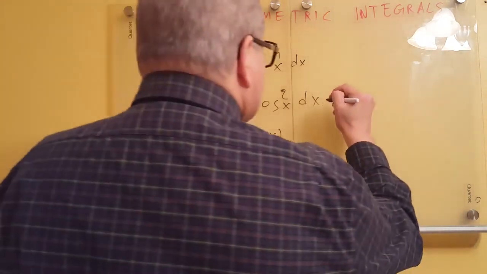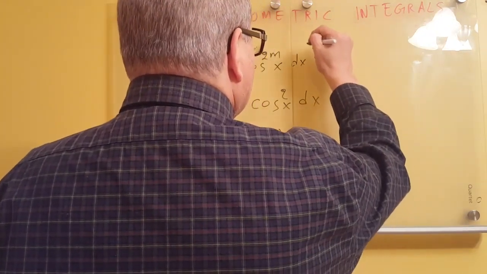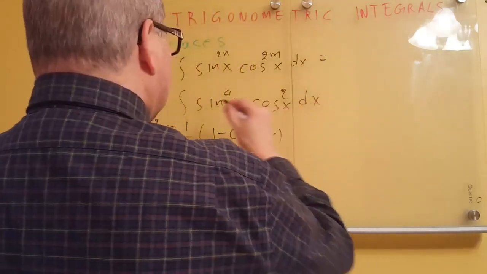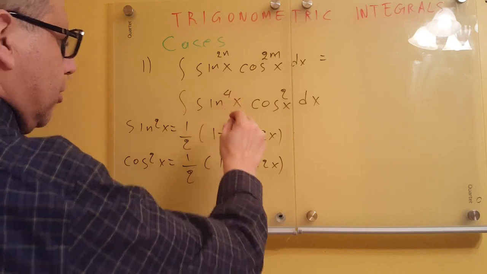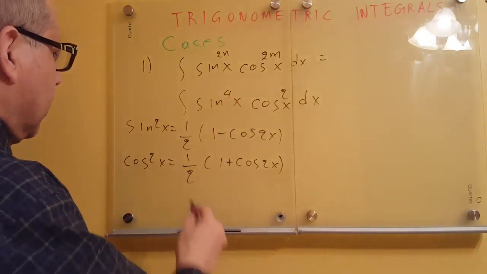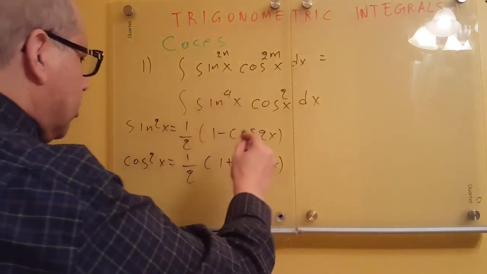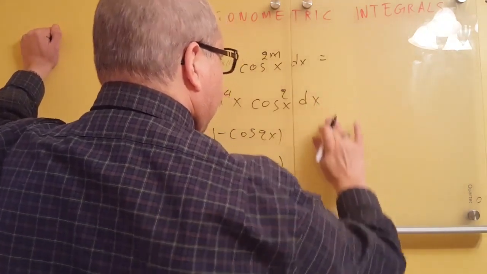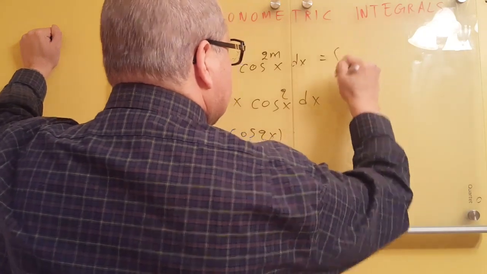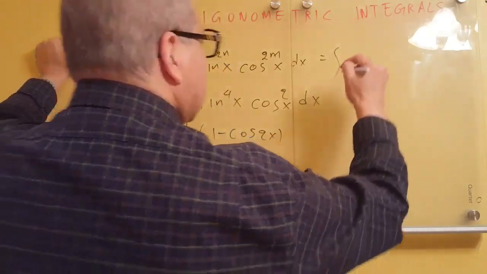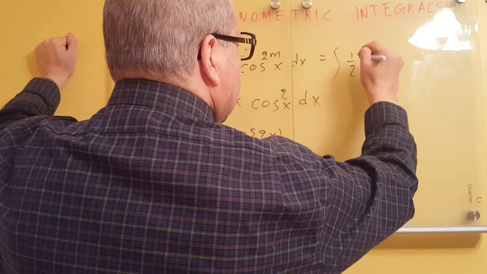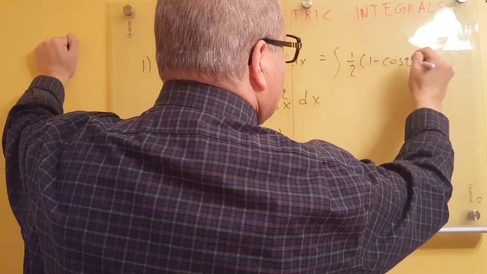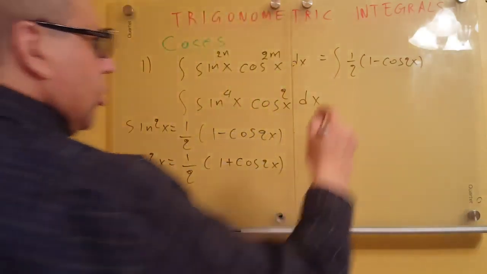So let's continue here. The sine to the 4th x is sine square x all squared. So you can write it as (1/2 times (1 minus cos 2x)) squared.